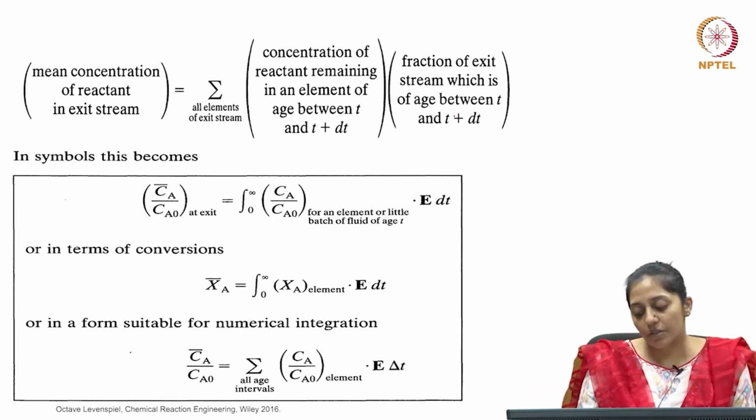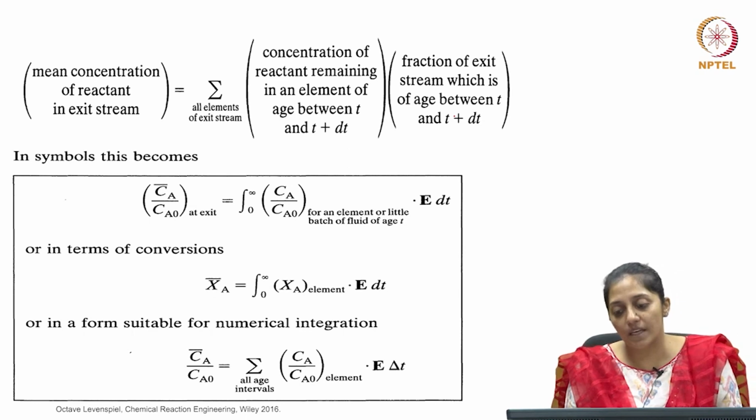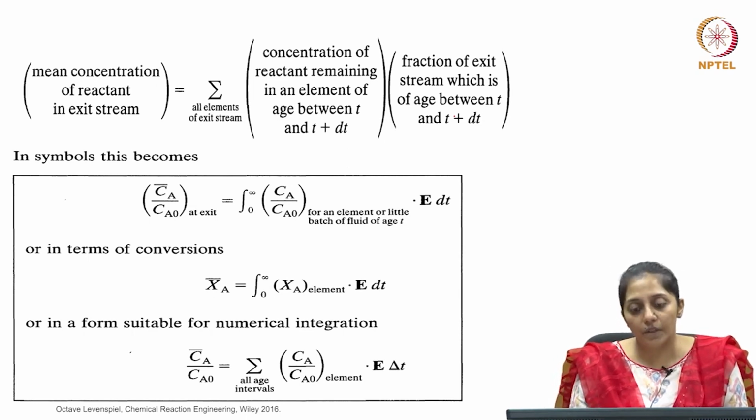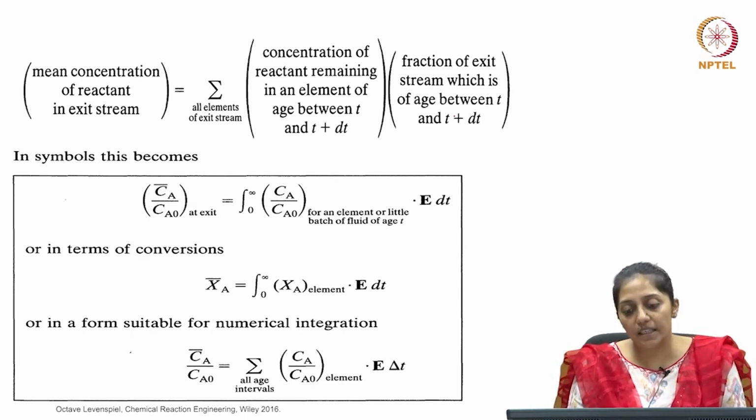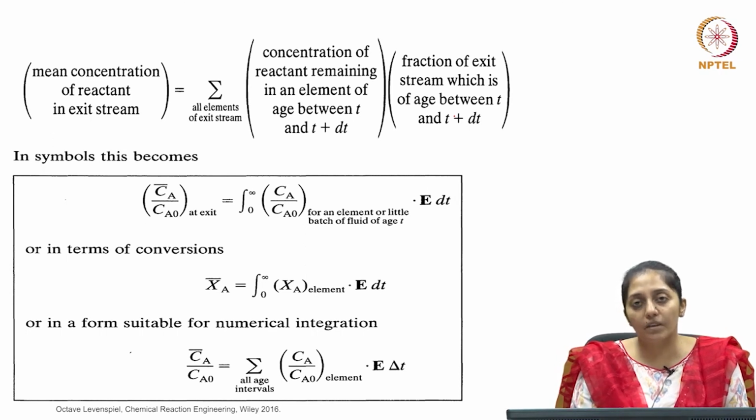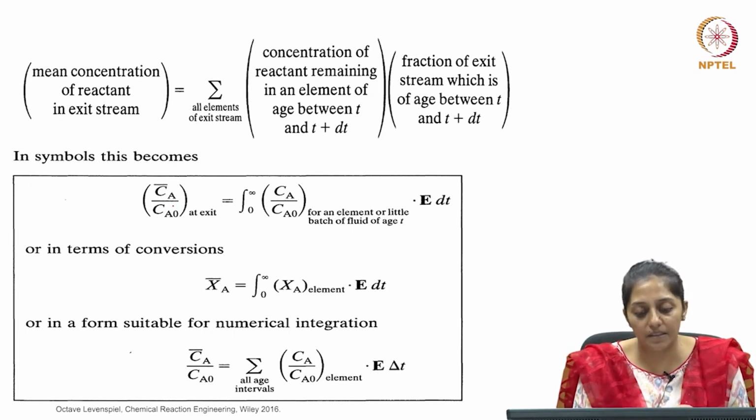So first we need to find out the fraction of the exit stream which is of the age between t and t plus dt and multiply it with the concentration of the reactant remaining in any element of age between t and t plus dt.